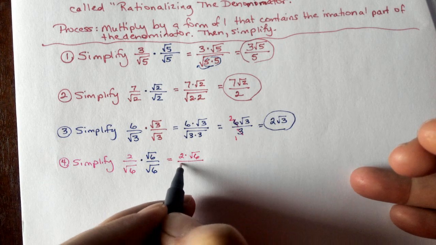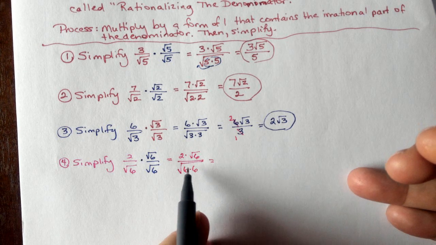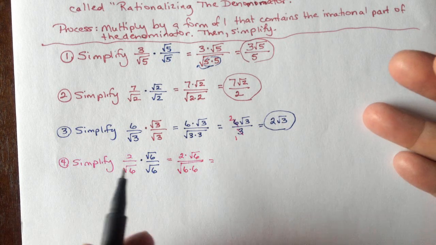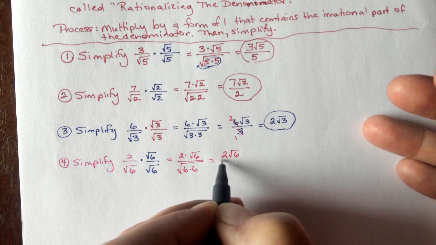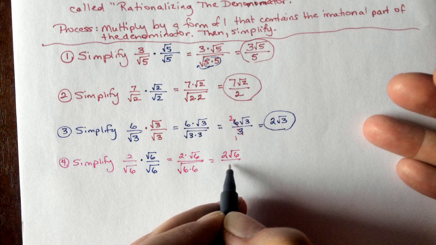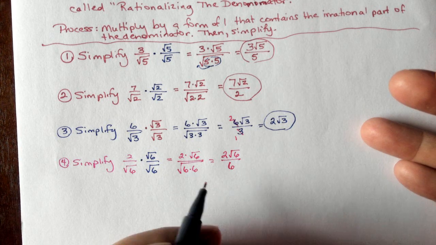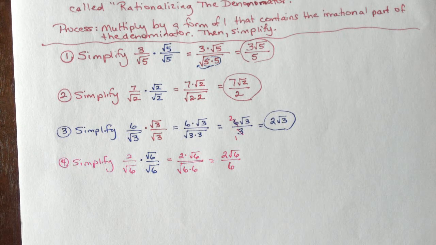On the bottom, square root of 6 times 6. If you already know that's going to be a 6, you can skip this step. So 2 times radical 6 over pair of 6's on the inside is worth a 6 on the outside. So square root of 6 squared is 6.